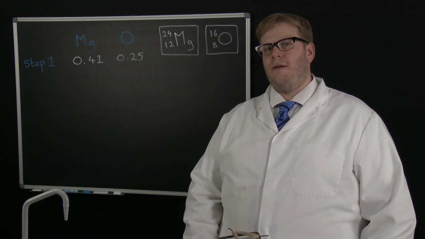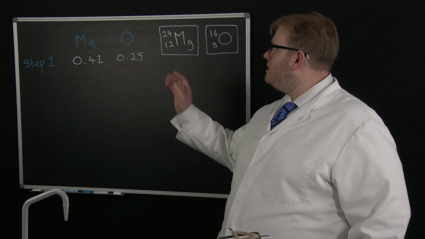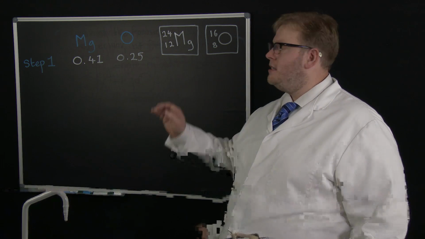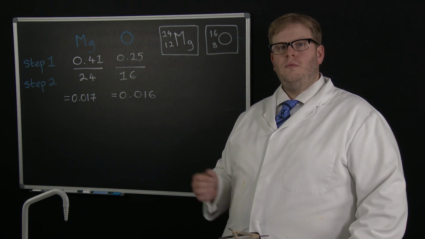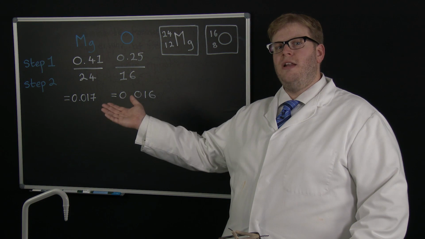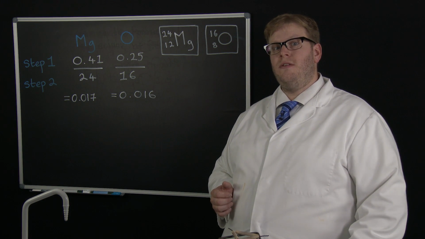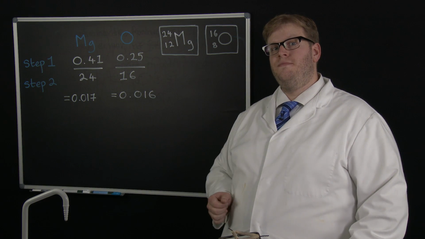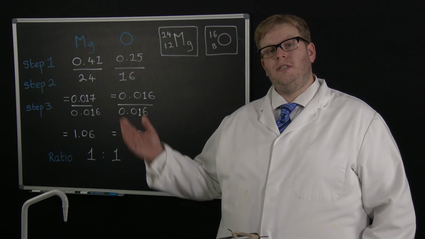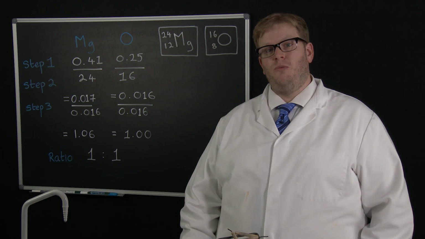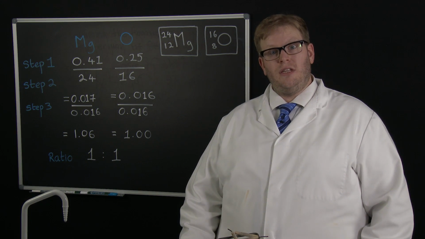The first step in our calculation is to write the elements in their columns and put the masses underneath. In the second step, you divide both sides by their respective relative atomic masses, taken from the periodic table. The third step is to take both answers and divide by the smallest value. That gives us a ratio.